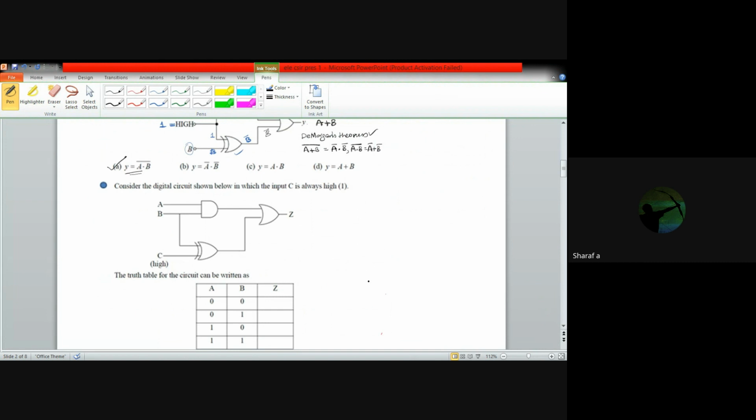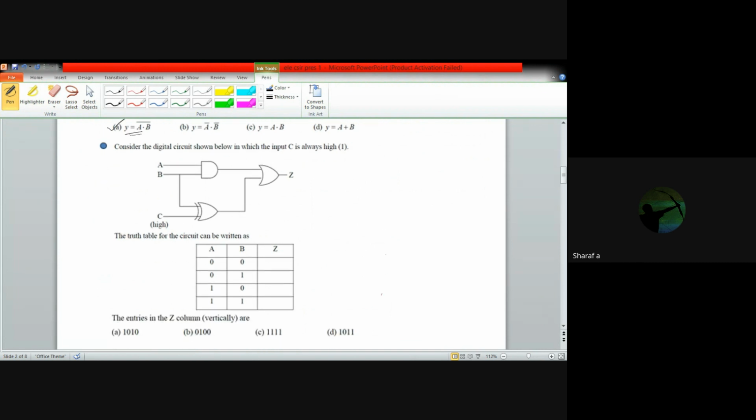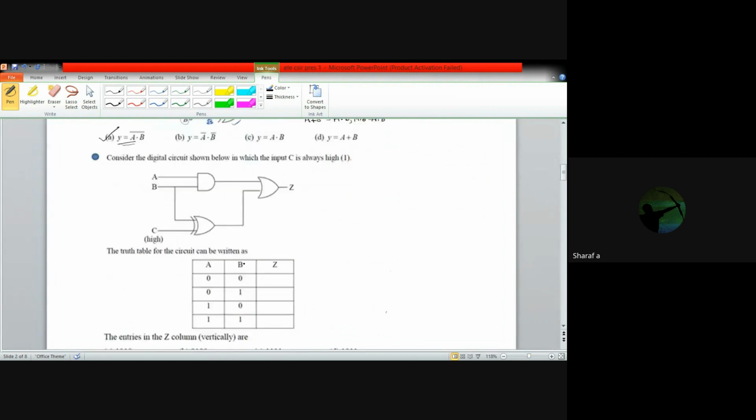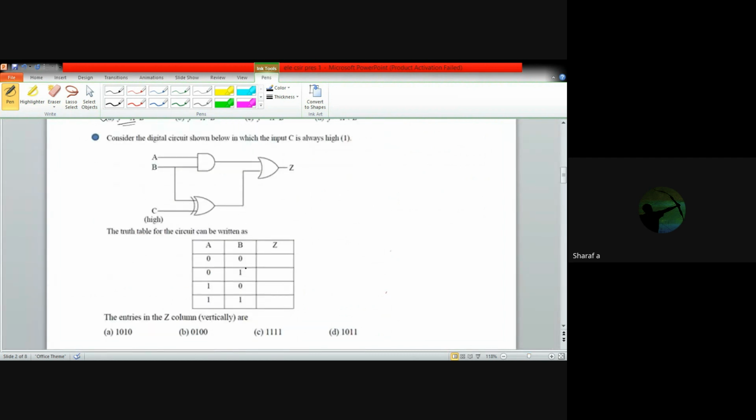because you just have to substitute the numbers. You don't need any theorems or expressions here. You just substitute the numbers and find out the answer. This is the question: consider the digital circuit shown below in which the input C is always high.